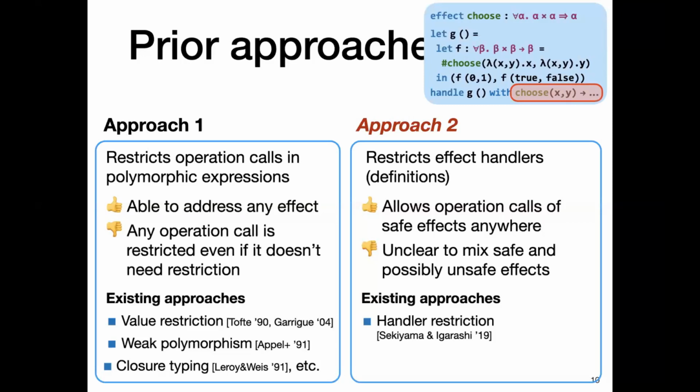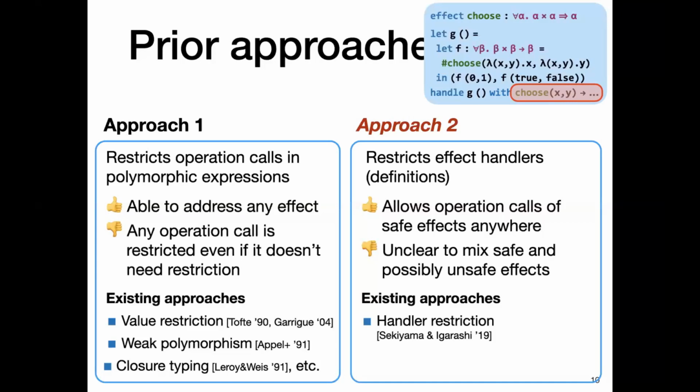A good point of this approach is that it allows operation calls of safe effects anywhere, and it rejects unsafe effects safely. But the problem of this approach is that it is not clear how to mix safe and unsafe effects in a single program.